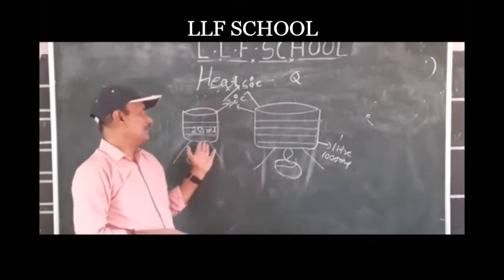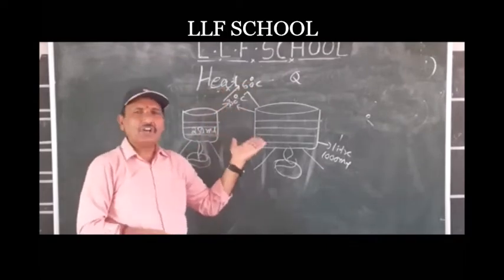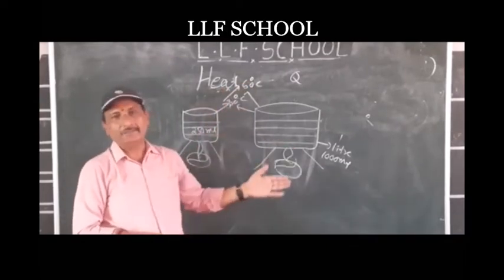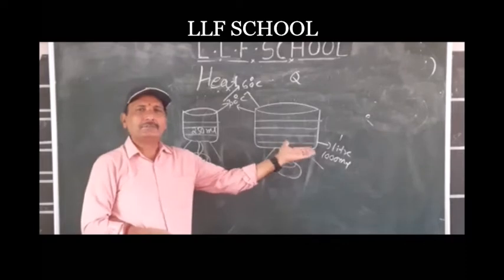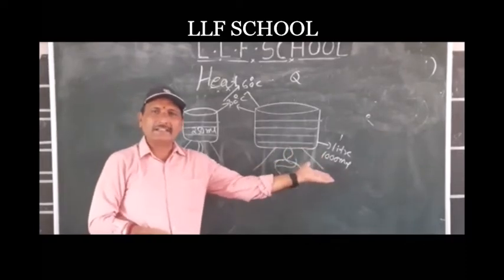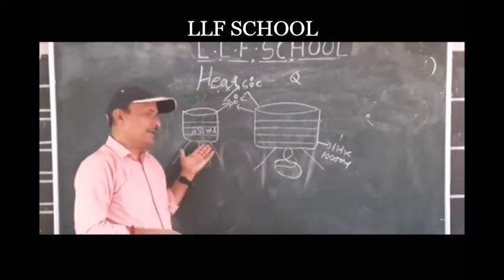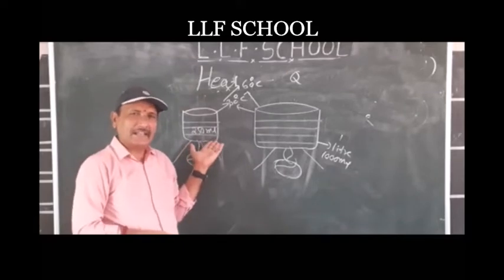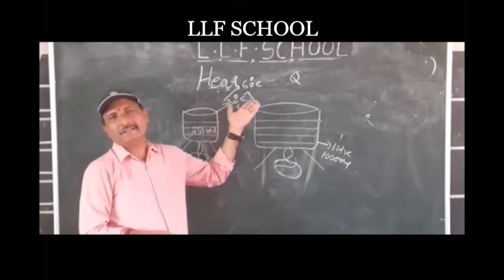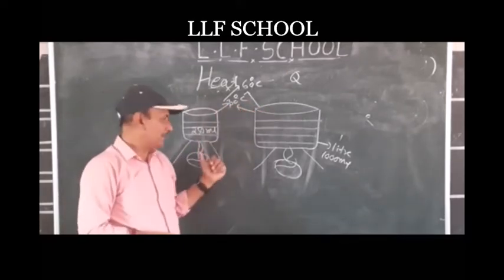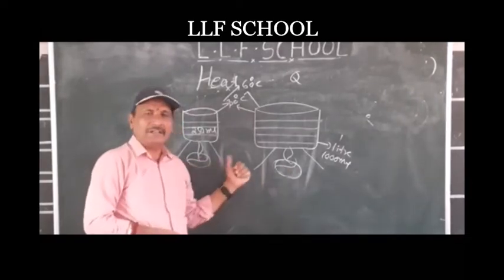The small beaker reaches a temperature of 60 in a short time. The larger beaker needs more time to raise the temperature up to 60. But we supplied the same quantity of heat.